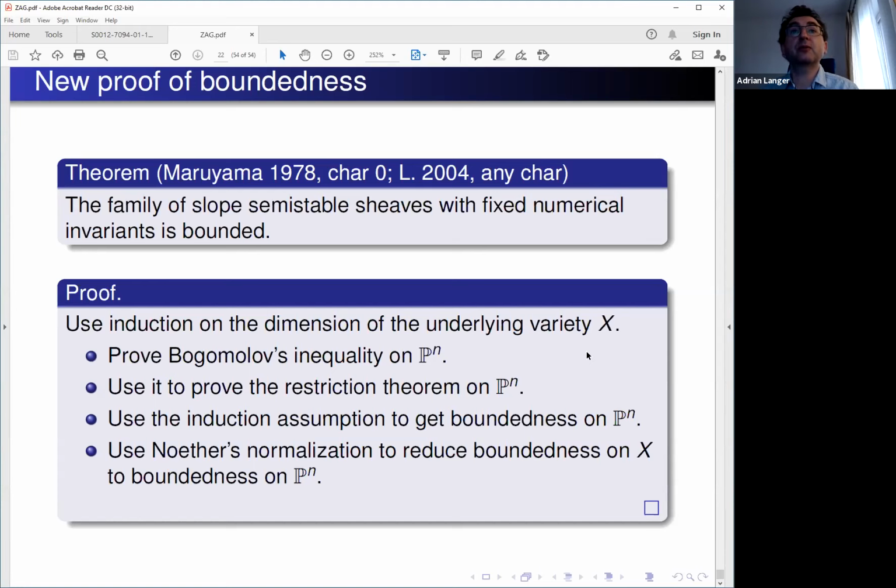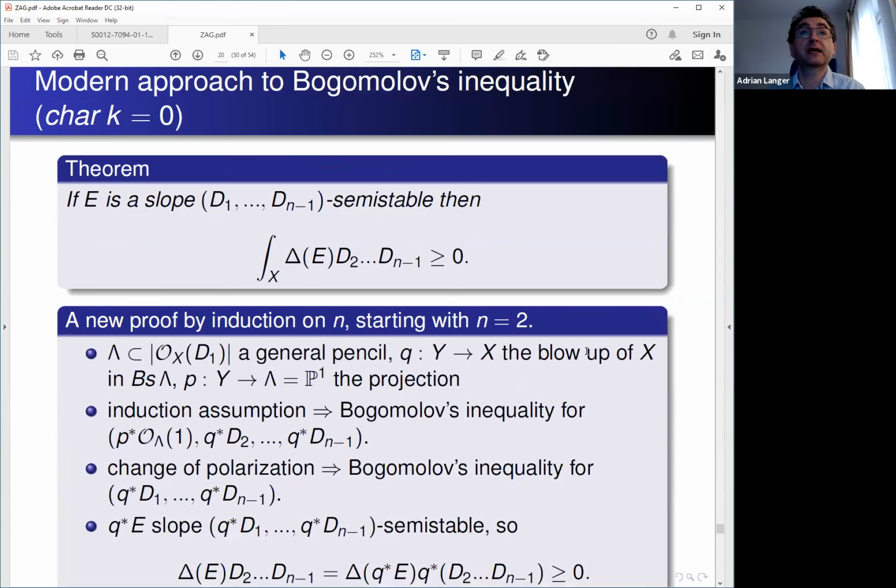So first, one uses exactly the same idea that I told you about in the case of Bogomolov's inequality in higher dimensions over complex numbers. So this gives Bogomolov's inequality on the projective space. So let me go back here.